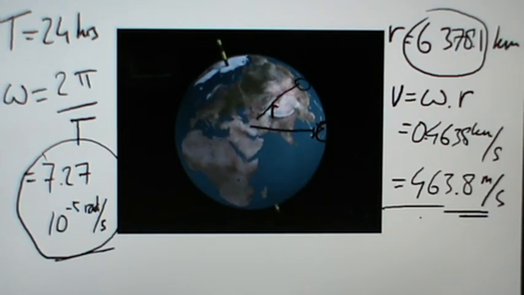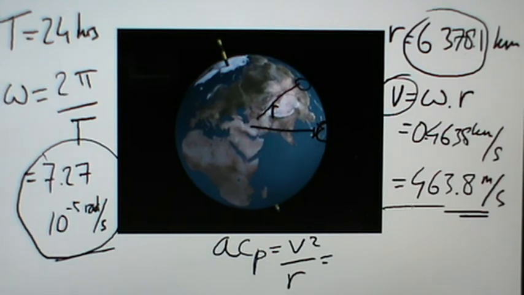So now you will also have the centripetal acceleration, and the value will be this number squared divided by the radius.